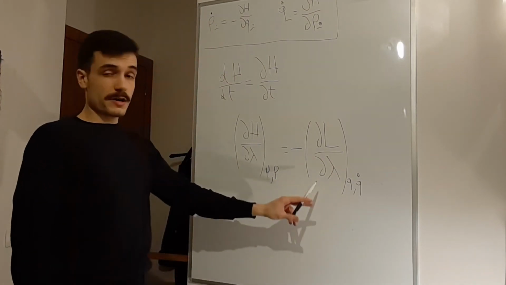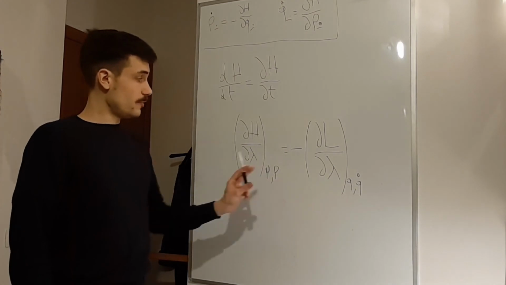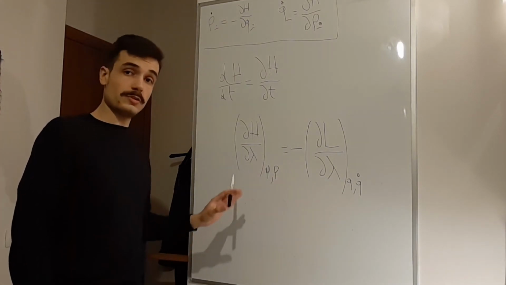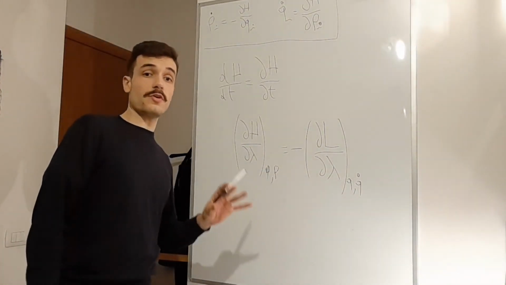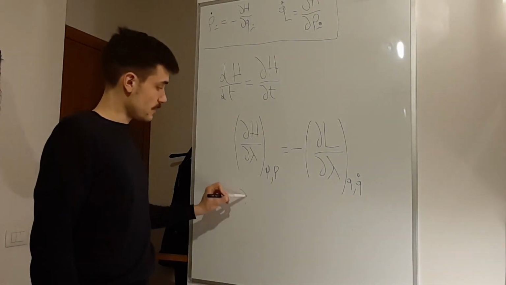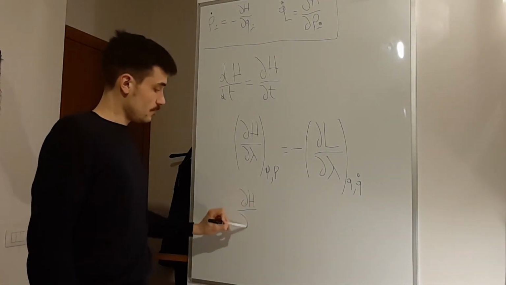So if we know the partial time derivative of one of the 2 functions, we already know the partial time derivative of the other one. This can be very interesting to apply it to the time derivative.